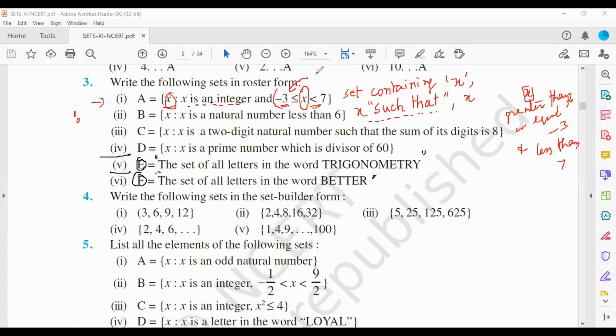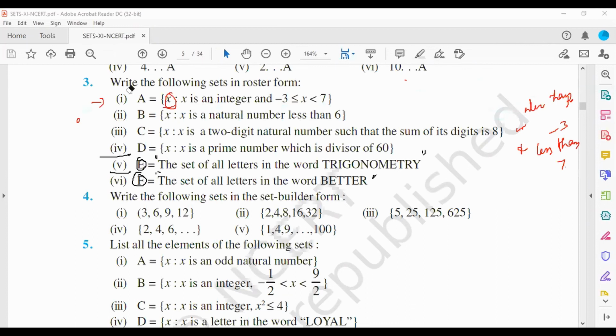Fine. So let us put it in roster form. That is the question. Yes, very good. Niveta has typed out the answer. Yes, you are right. So we can write the roster form.